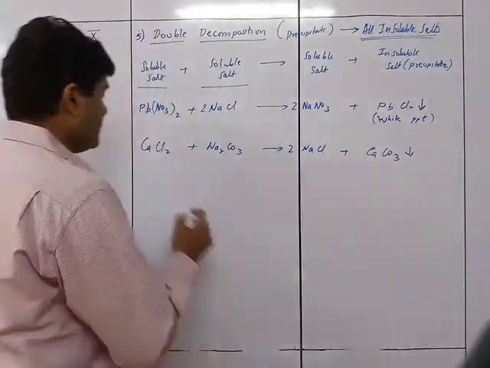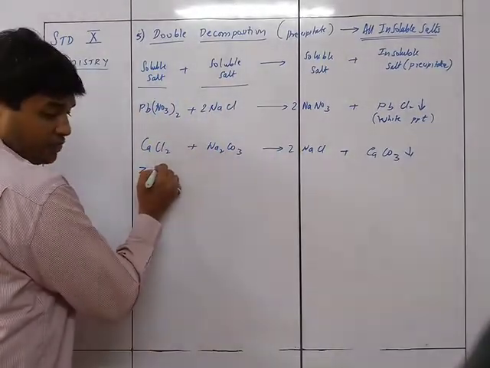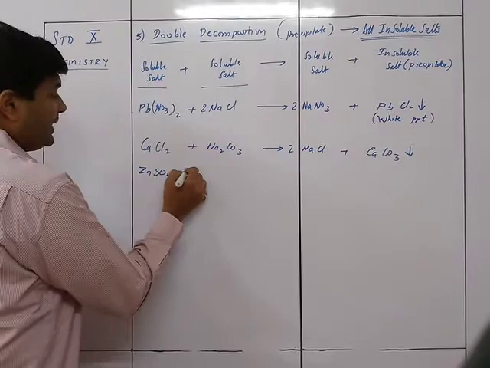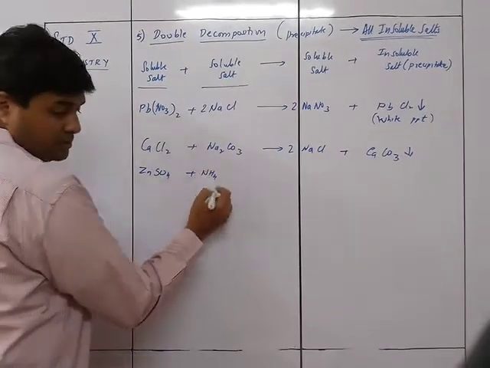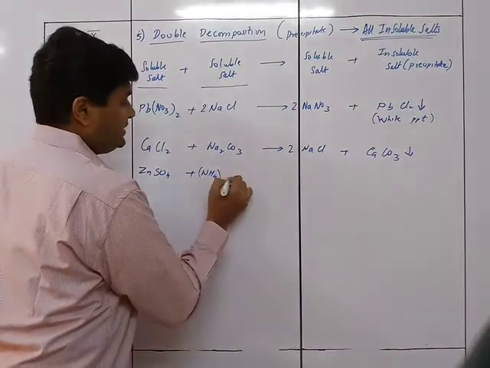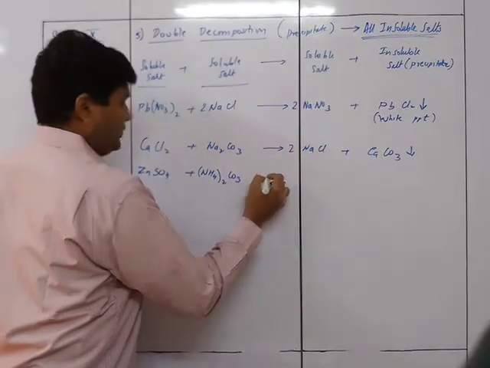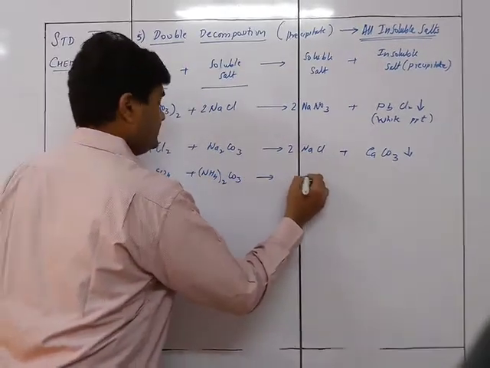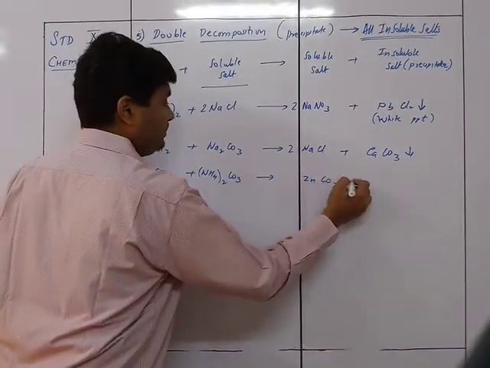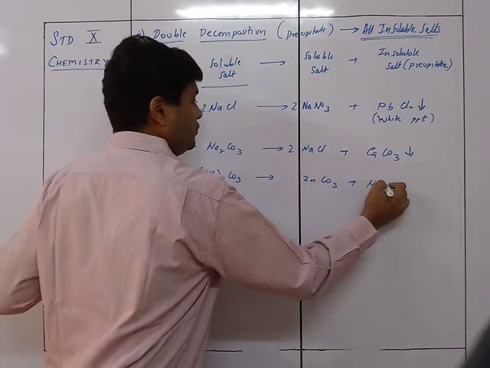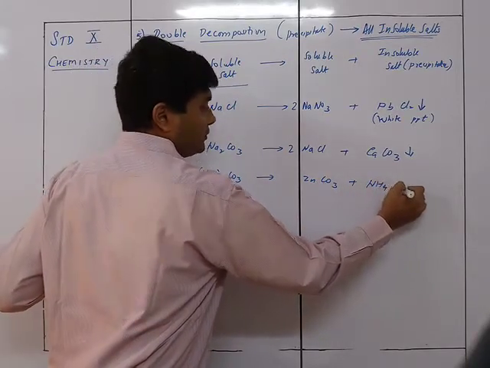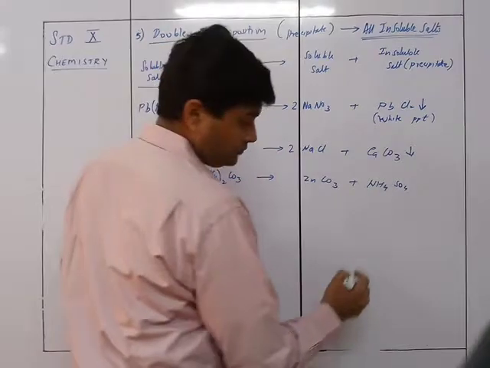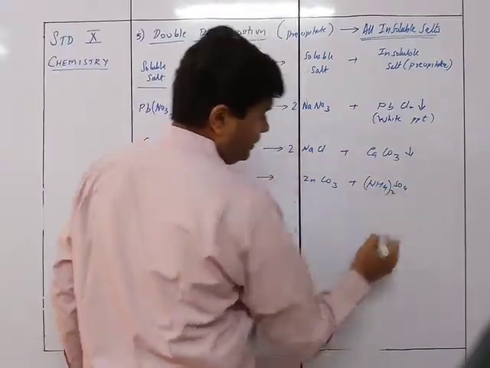We can use another one, which is ZnSO4 plus (NH4)2CO3 to give me ZnCO3 plus (NH4)2SO4.